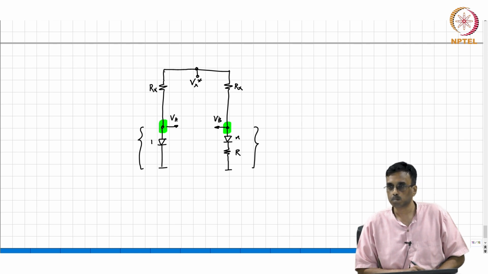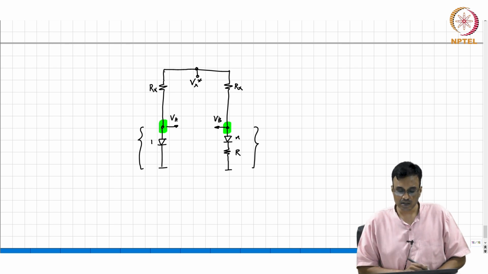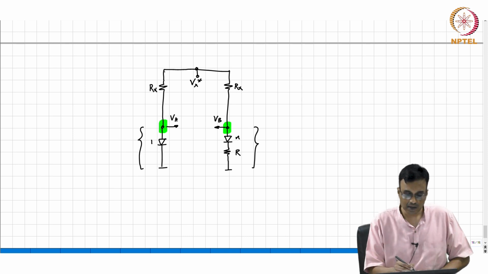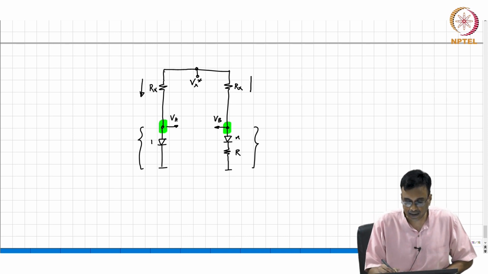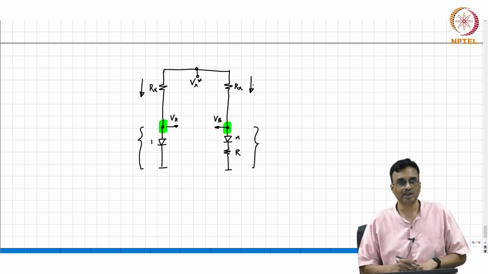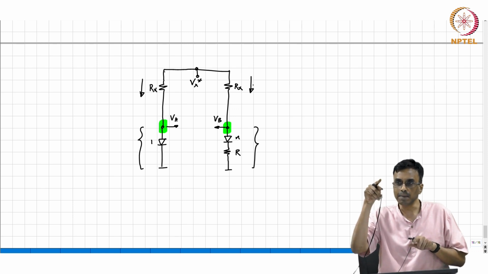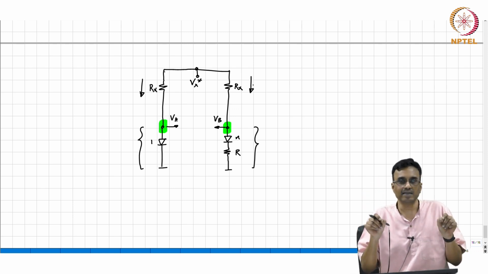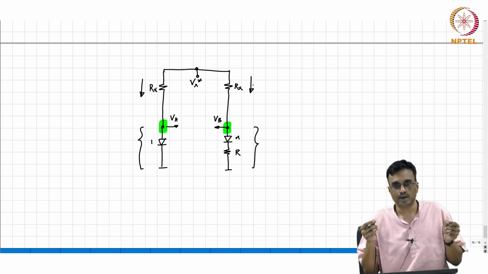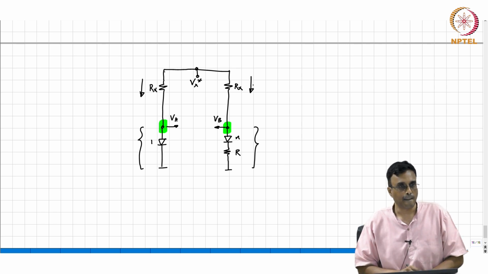And at the magic voltage, when Va equals Vb, this current is going to be exactly the same as this current, because the top terminals of the resistors are the same, and I am telling you that Va is equal to Vb.